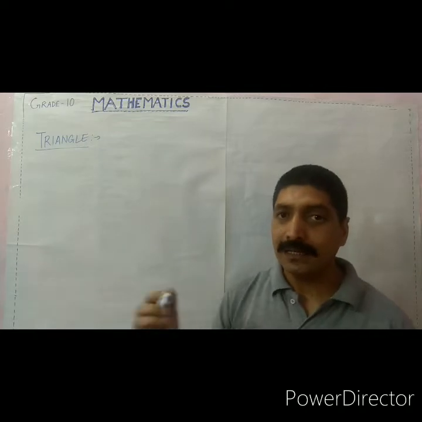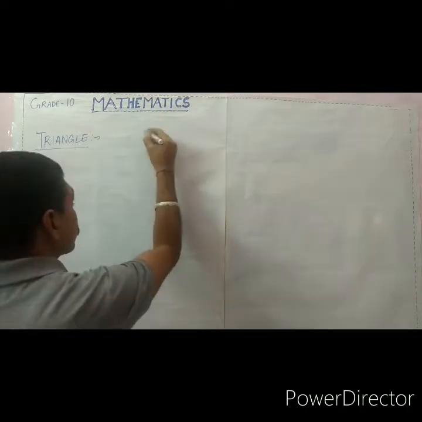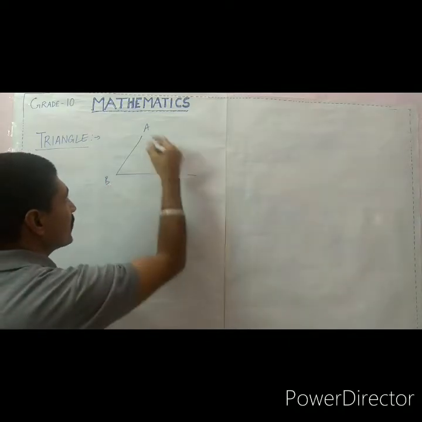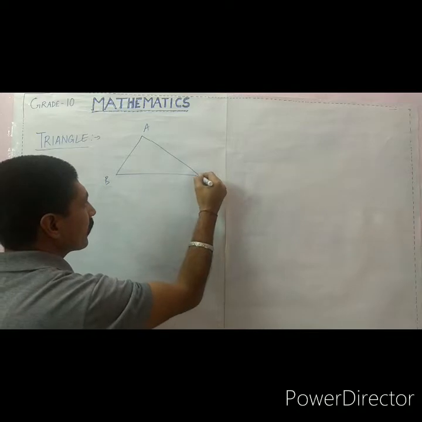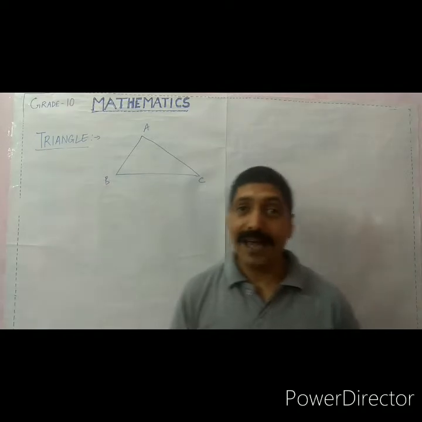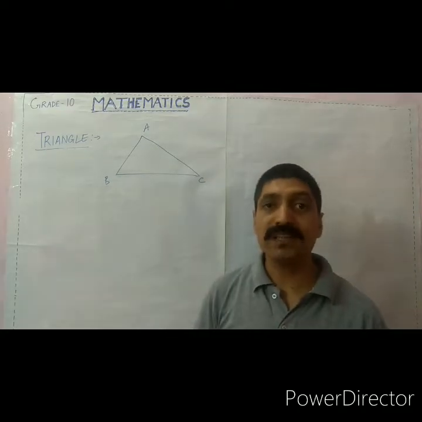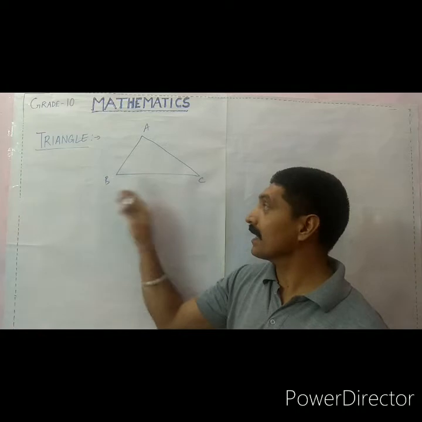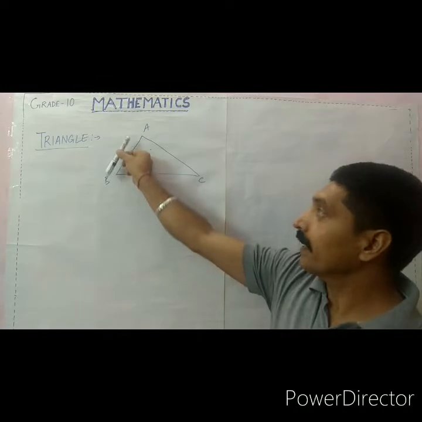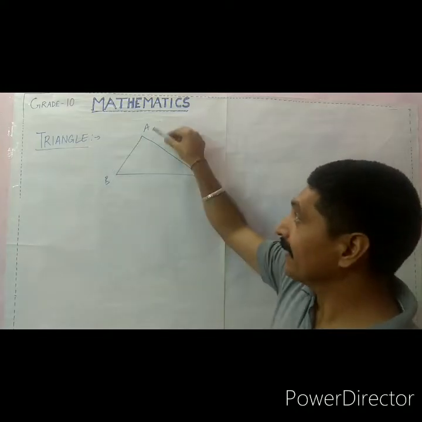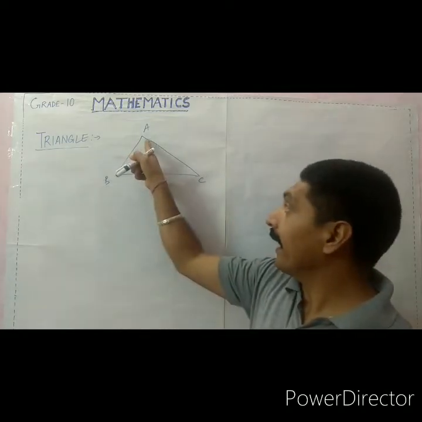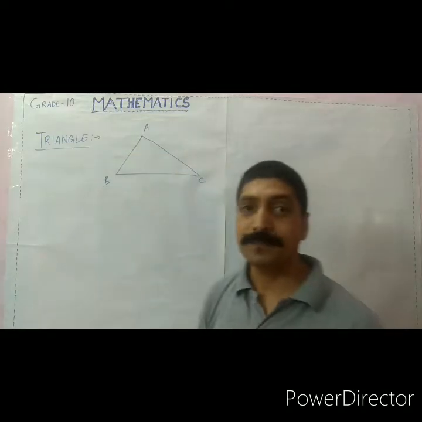Let ABC be any triangle, A, B, C. Triangle ABC has three vertices, three vertex points A, B and C. It has three sides AB, BC and AC, and three angles, angle A, angle B and angle C.